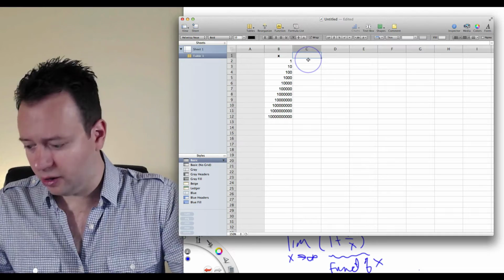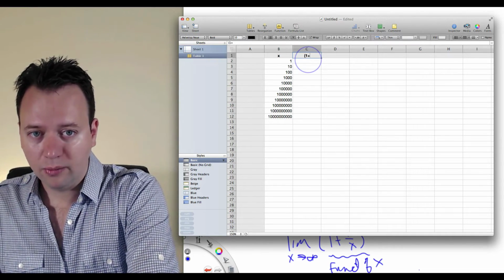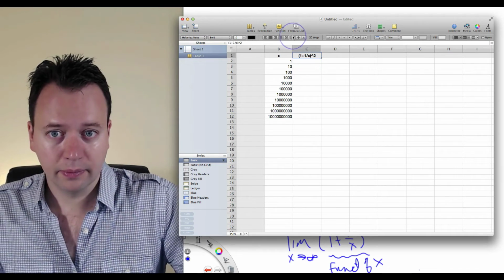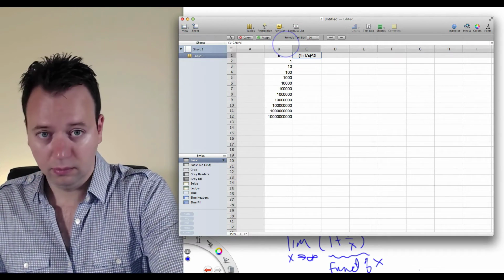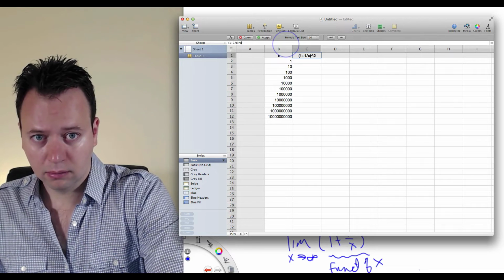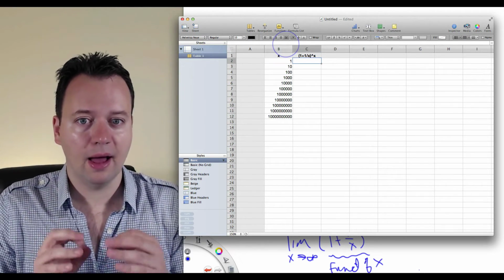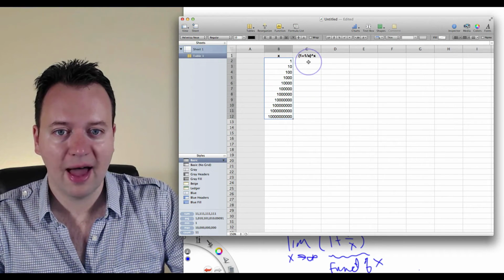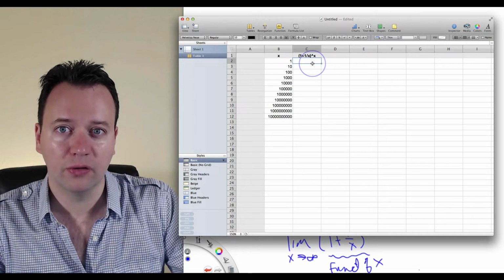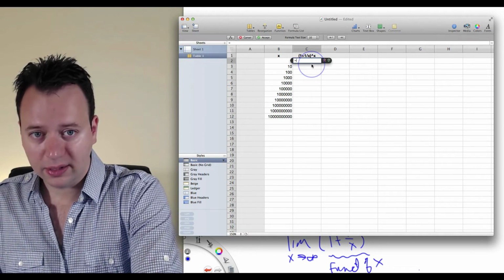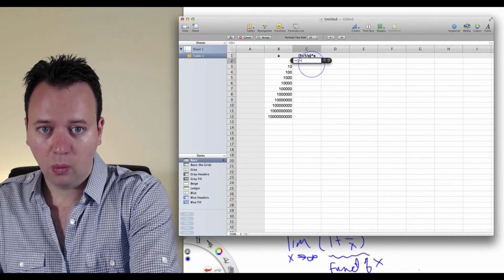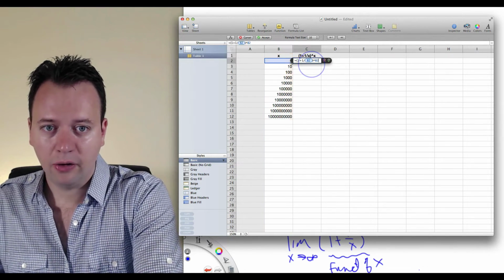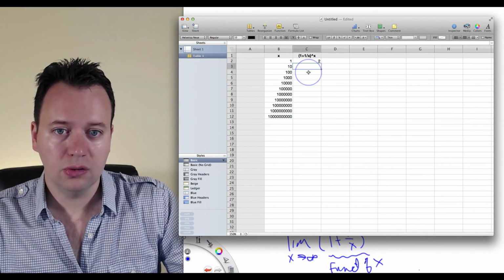And then my next column is going to be values for 1 plus 1 over x to the power x. So for these values of x we see on the left, we're going to evaluate this function. For here I want to say equals, start a parenthesis, 1 plus 1 over b2 to the power of b2, and we get the number 2.